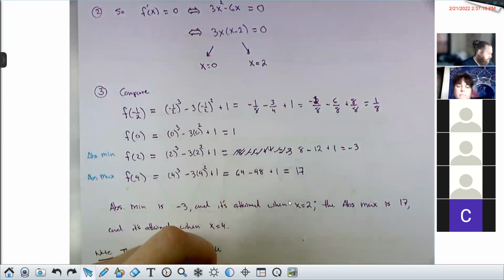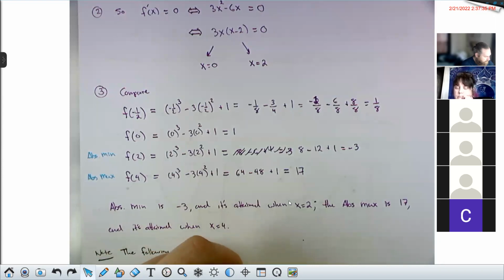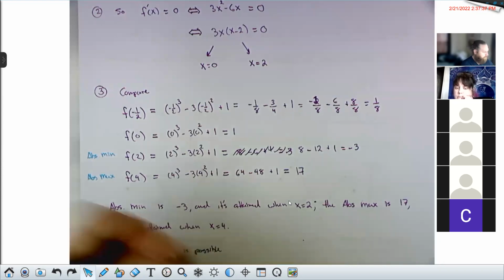Kind of cruises all around and hits, because I've drawn it here, that wouldn't actually be the absolute min anymore, but hits your absolute max multiple times and hits your absolute min. Sneak this down a little further so it looks better. Hits your absolute min multiple times.